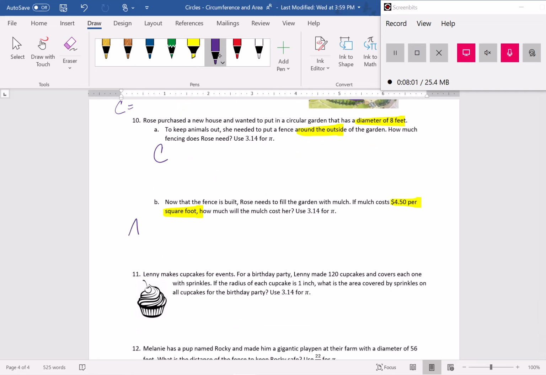So this is asking for area. Now careful, this is diameter. Radius for area. When you're done with that, you need to multiply times 4.50 because each foot costs $4.50.